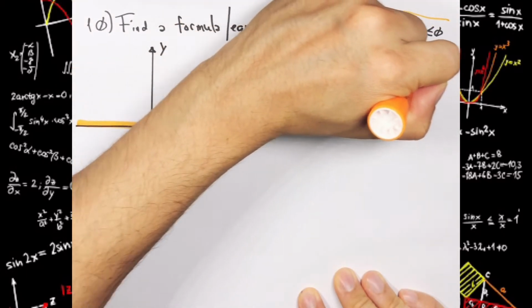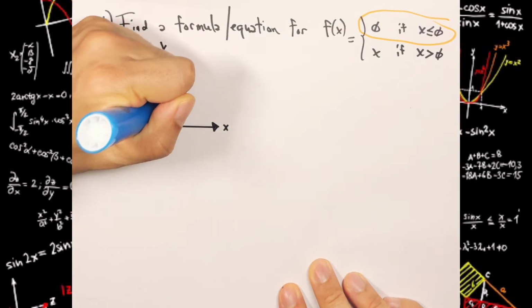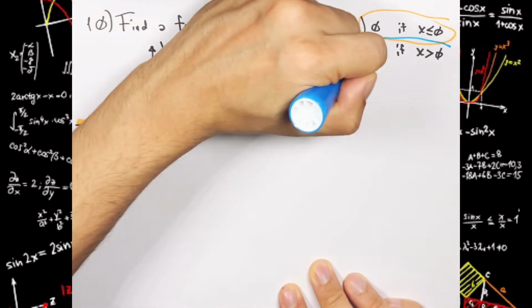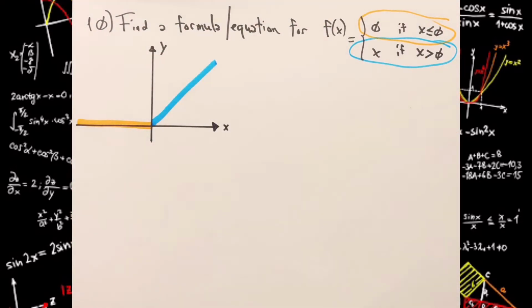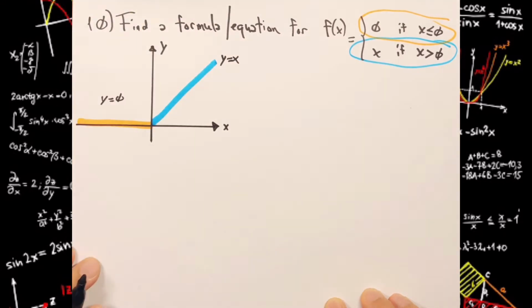First, orange, 0 if x is negative, which is the orange line I just drew right here. Next, x if x is positive, which is this part of the equation. So there we go. We have the two graphical representations of the bracket of f of x. So y equals 0 is the negative portion, and y equals x is the positive portion. Each one is a different portion of the bracket.